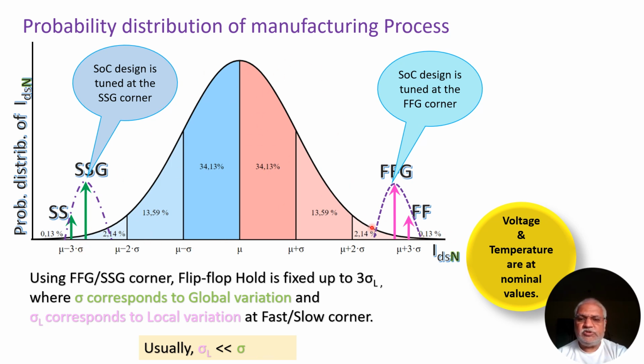This is the global distribution, and its 1 sigma value is this much, but for this distribution the 1 sigma value is way smaller. So by using all these global corners and sigma values, we need to use the appropriate device models and implement the design.